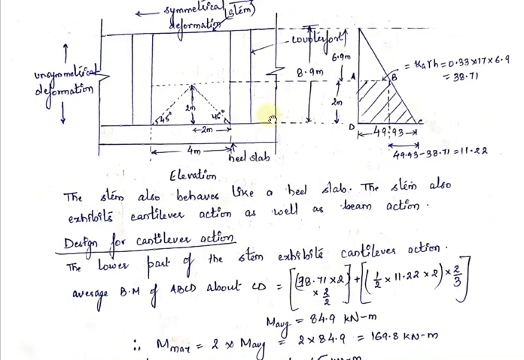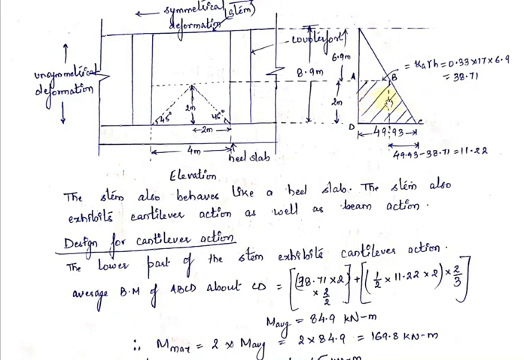We know that in a cantilever structure the maximum bending moment is at the fixed end. So the maximum bending moment will be at CD. Now we will calculate the moment due to these forces along CD. First of all we will calculate the average bending moment of ABCD about CD.